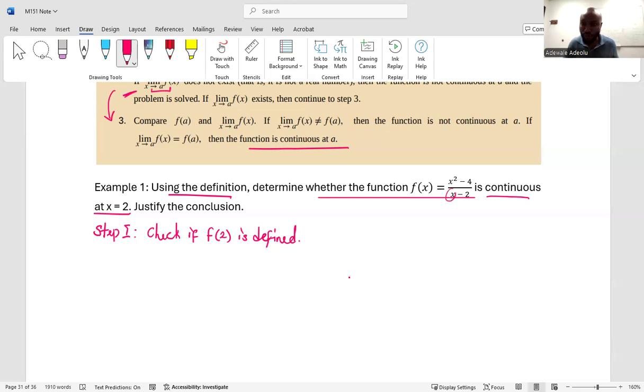Can we plug in 2 into the function such that the function will make sense, such that we can get an output? It turns out that if we plug in 2 there, the denominator is going to be 0, which tells us that f of 2 is not defined.